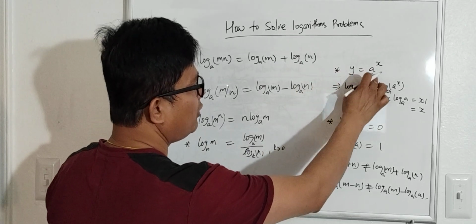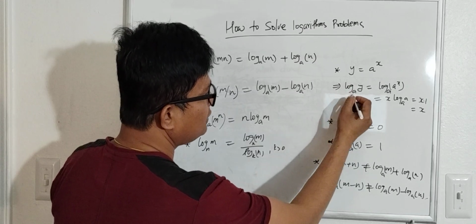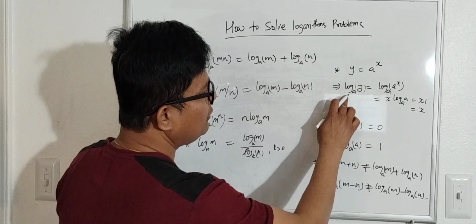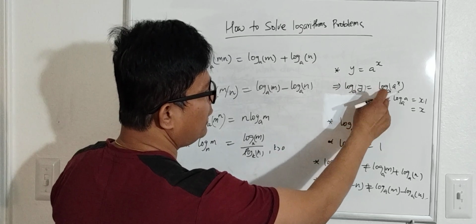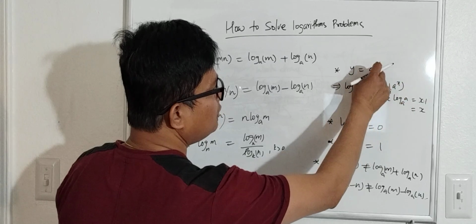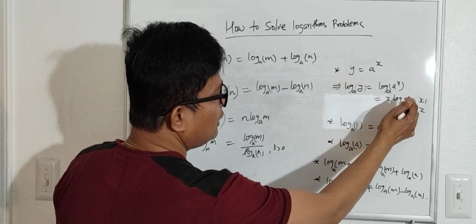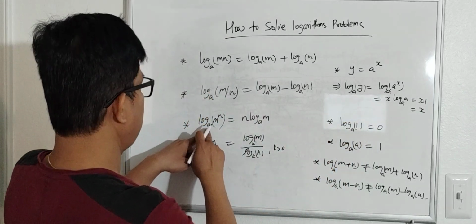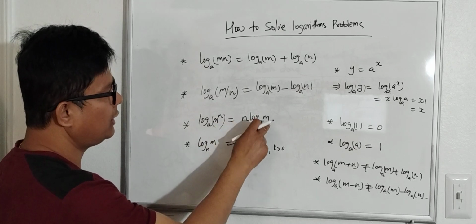If y is a power x, then log of any, this is called the base, and this is called the value. If you apply log a to y, then you have to apply log a to the right-hand side, and then we learned the formula log a m power n becomes n log a m.